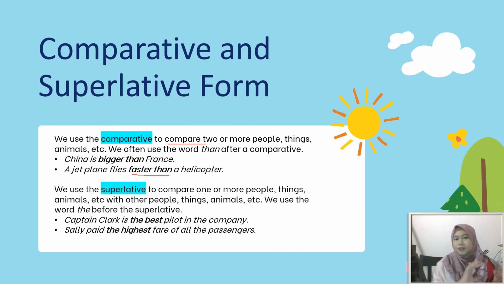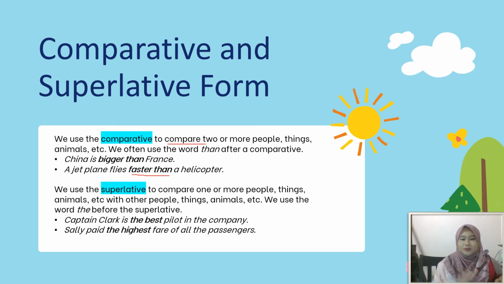If you Google comparative adjective and superlative adjective, you will get the list of words, especially the irregular ones. Okay, for example, good, better, best, and bad, worse, worst.